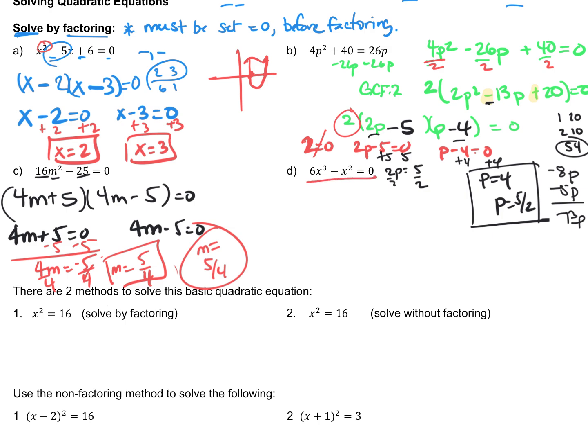I still have to follow my factoring rule, so I'm going to factor out a GCF, which is x squared. So I'm dividing this by x squared, dividing this by x squared. So we have 6x minus 1 equals 0. So now set these equal to 0.